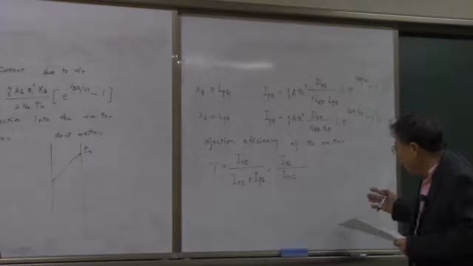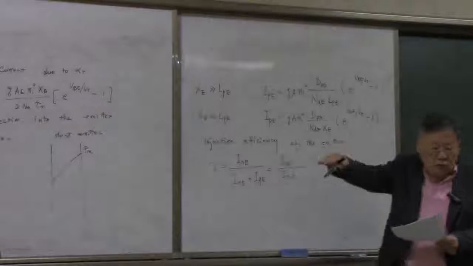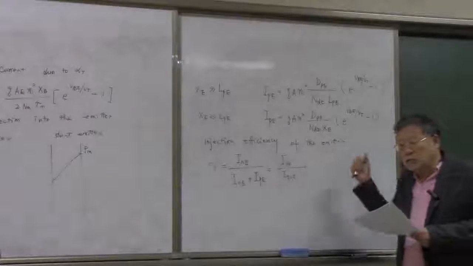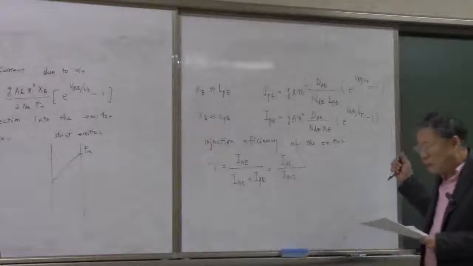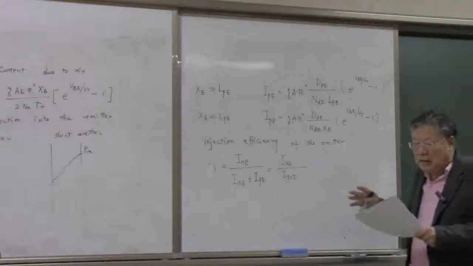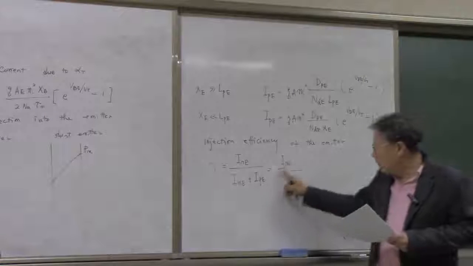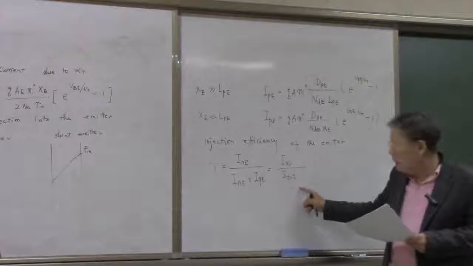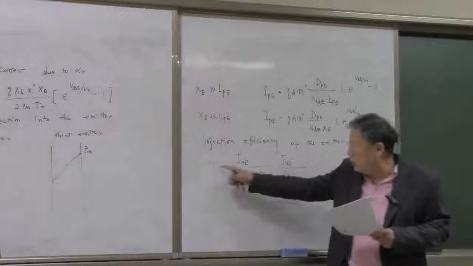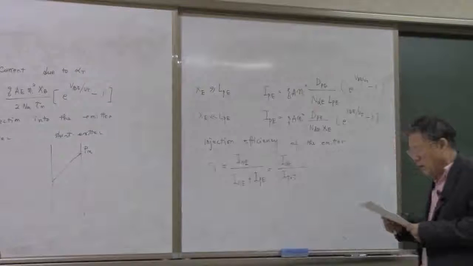When holes are injected toward the emitter and electrons are injected from the emitter to the base, those have to be added to make a total current. The ratio between these two is called the injection efficiency of the emitter.